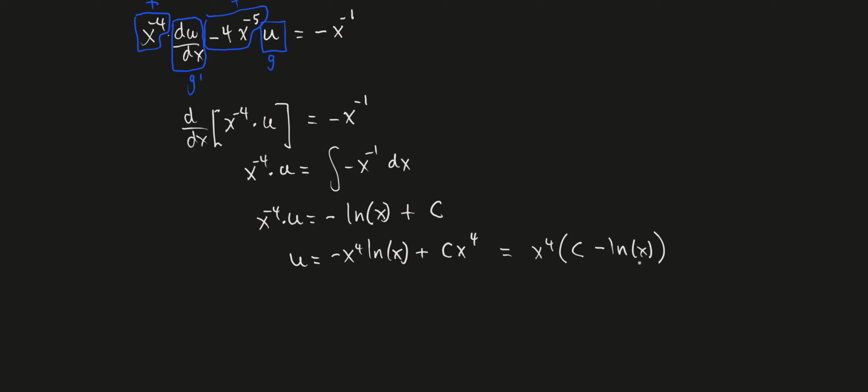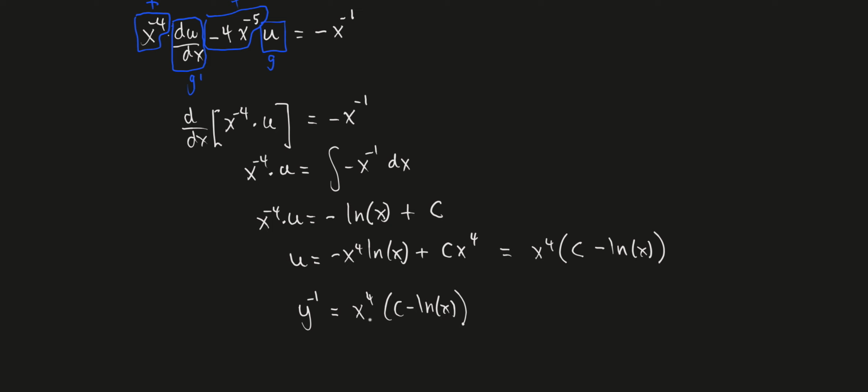Remember, u is equal to y to the -1, so I'll replace u with y to the -1, and that's equal to what I have written there in factored form: x to the 4th times c minus the natural log of x. All right, good.